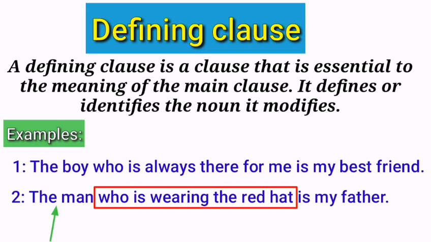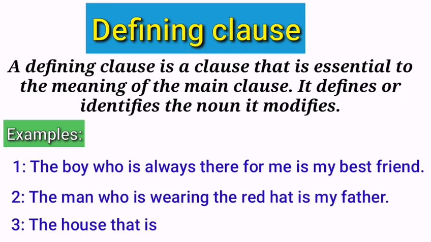And if we put aside this group of words then it disturbs the whole meaning of this sentence. Just look at this sentence, without this defining clause. The man is my father. You can see, we don't know who is my father. So, to some extent, it makes the sentence ambiguous.